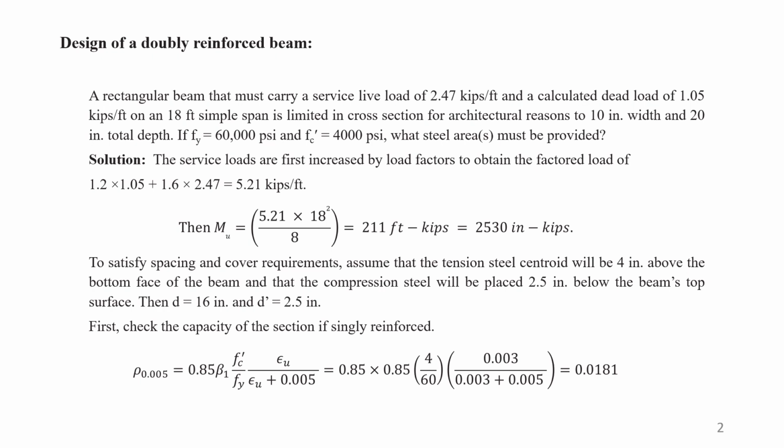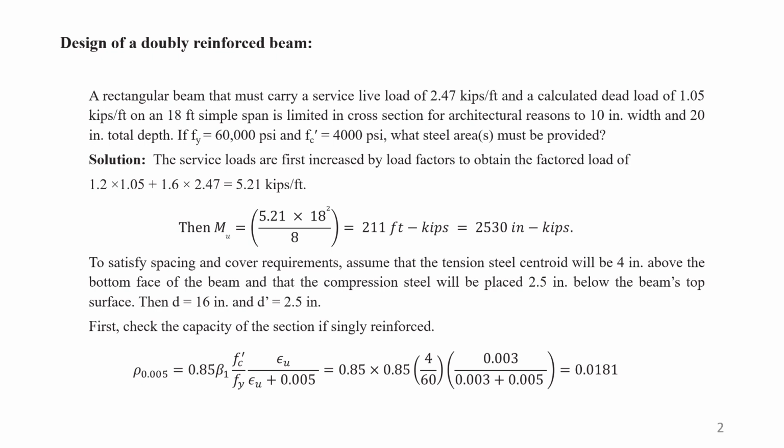That amount is normally kept as 2.5 inch, like in a beam with one layer of rod. That's why D prime here is 2.5 inch, and effective D is 16 inch. Is that clear?